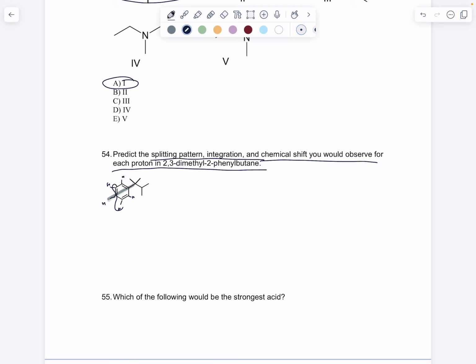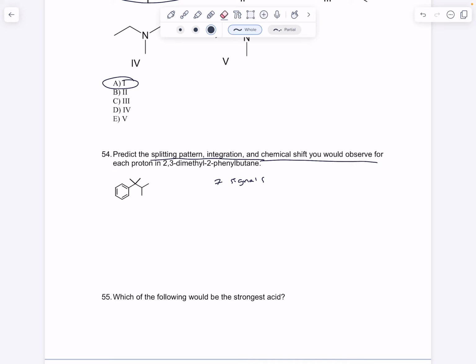But these would be the same as each other, and these would be the same as each other. So if I'm counting up my signals, I'd predict 1, 2, 3, 4. And then these 2 would be the same, so 5. And these 2 would be the same, 6. And then that one is 7. So 7 signals. This is messy, so I'm going to erase this and make it look cleaner.